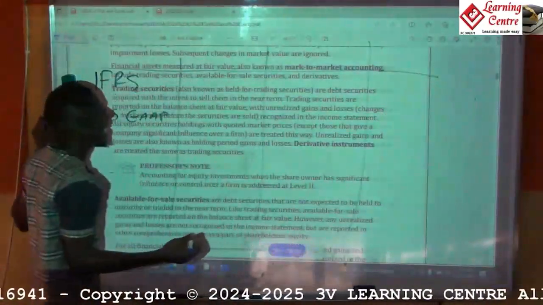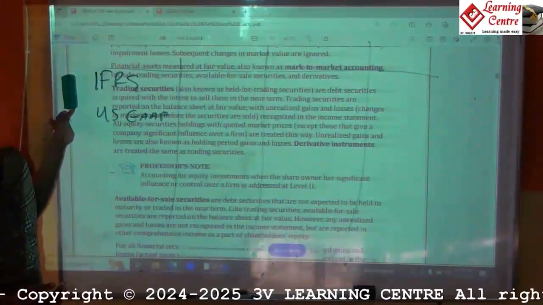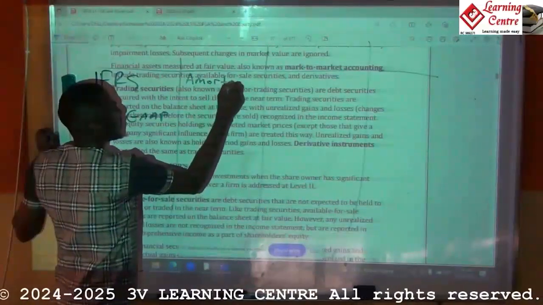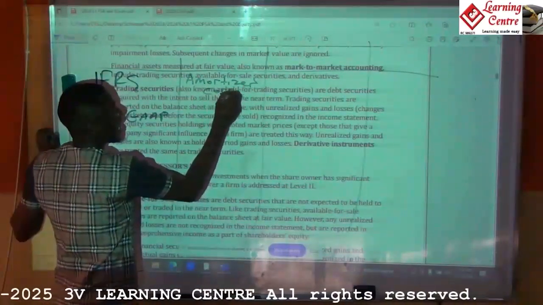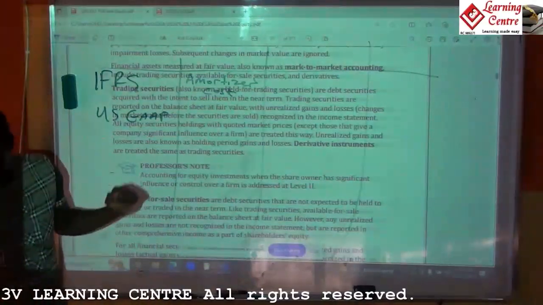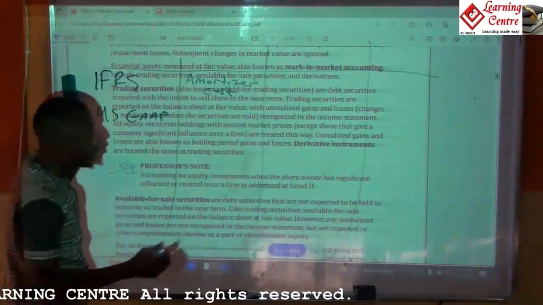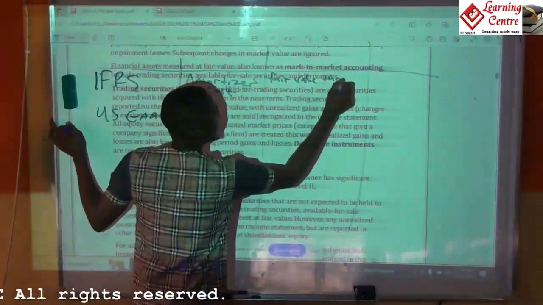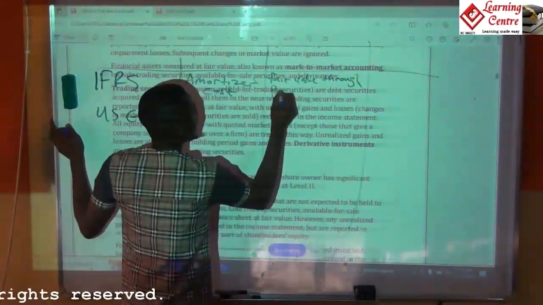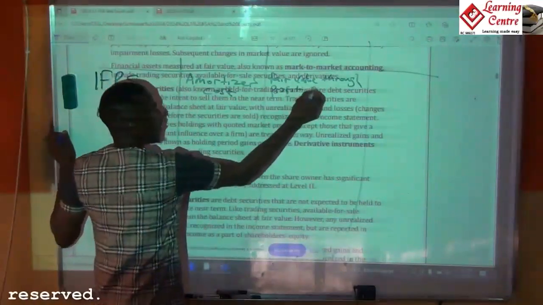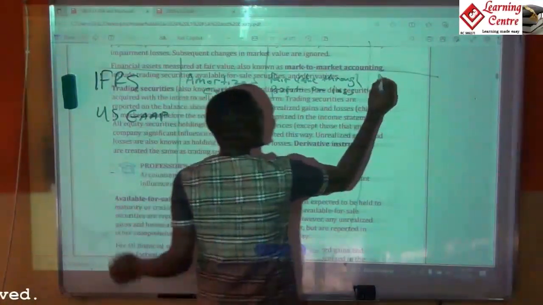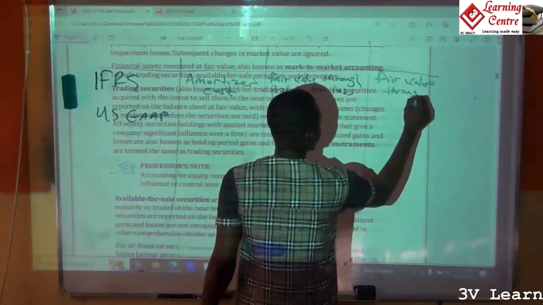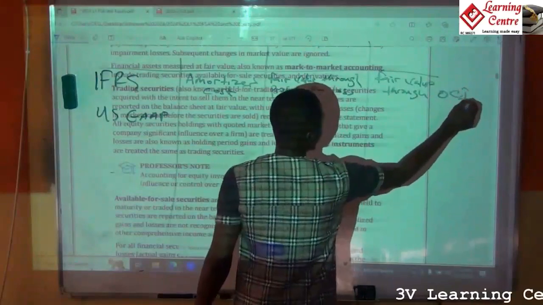So IFRS is saying that you can call it amortized cost. Then fair value through profit or loss. Then fair value through other comprehensive income, that's what OCI means.